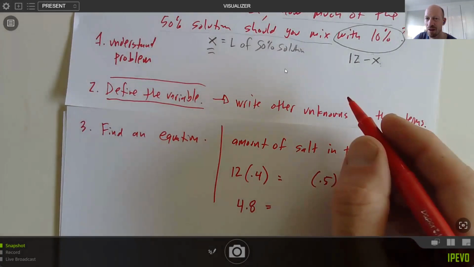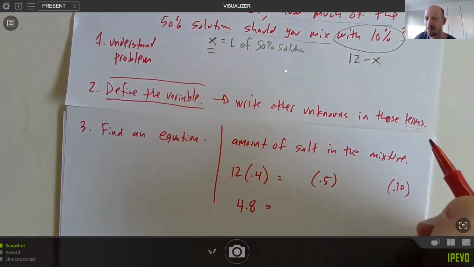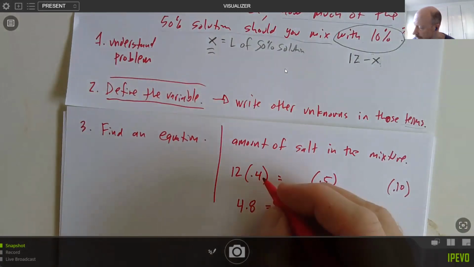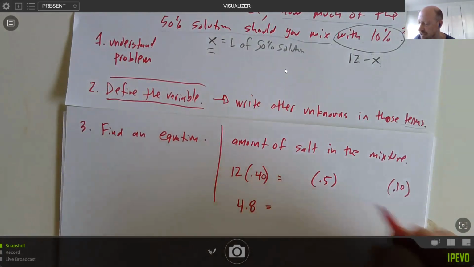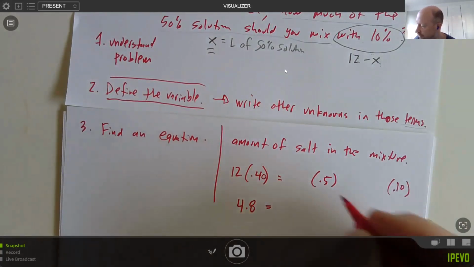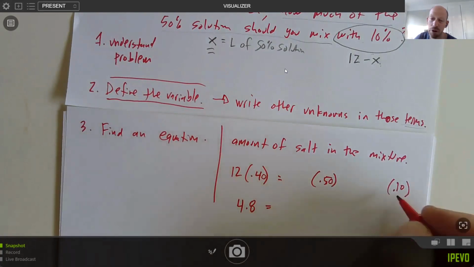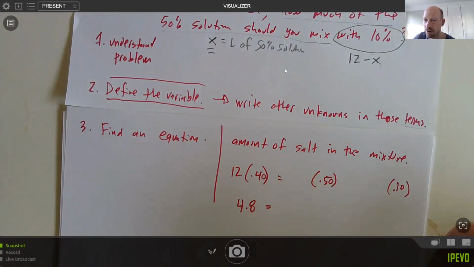Well, and I have a question. Yes. How come we only put like 0.4 for 40 and 0.5 for 50? Oh, good question. They're actually, you can write them as 0.40 and 0.50 and 0.10. I don't know why I put the 0 on that one. It's not needed. The zeros on the end don't matter.